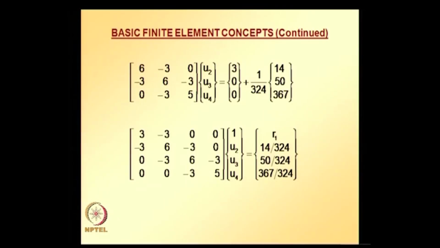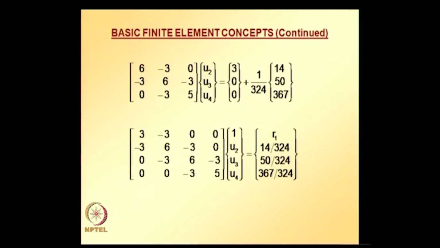So, you just keep in mind, wherever you have a known nodal value, the corresponding location in the force like vector is going to be unknown. Okay. Here u1 is known, that is, the essential boundary condition is specified. So, the corresponding location in the force like vector is going to be unknown.